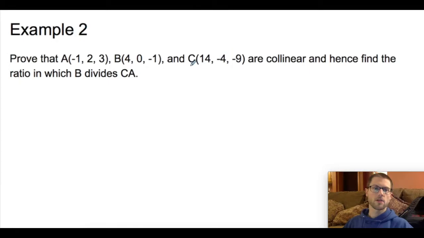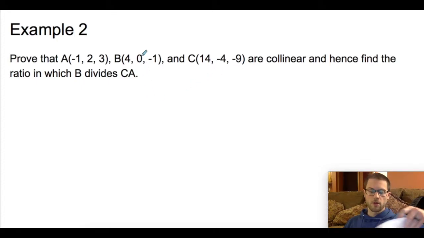So let's talk about an example that uses that concept. I want to prove that these 3 points are collinear, and hence use that information to find the ratio in which B divides CA. Let's draw what this might look like.